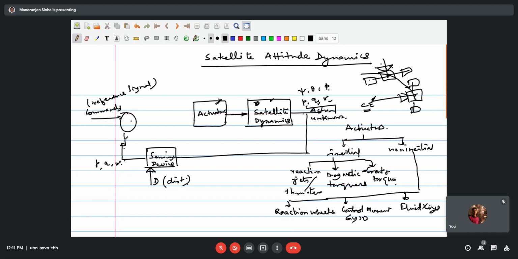And then this is compared with the commanded signal, and based on this, you design a controller. And this controller will give you the signal of how much the actuator should work. So let us say in this case you have the 3-axis control. So we write the actuation signal as u tilde.